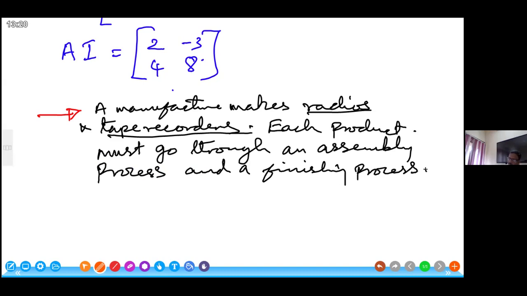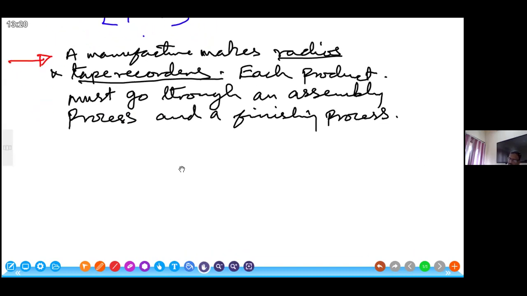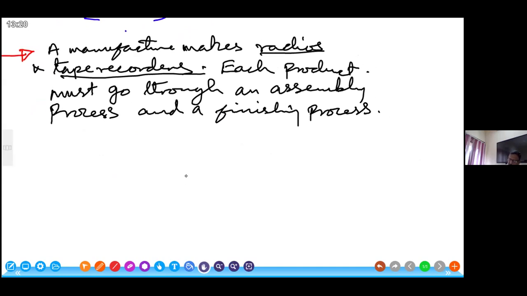So they go through those two processes, assemble process and finishing process, right?